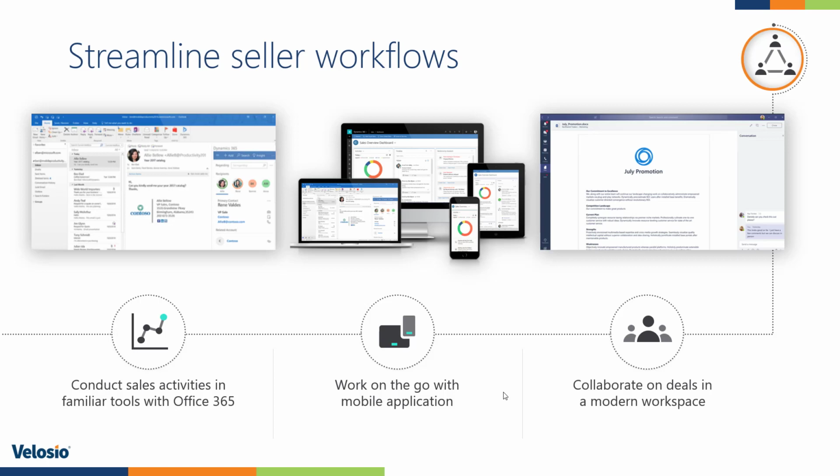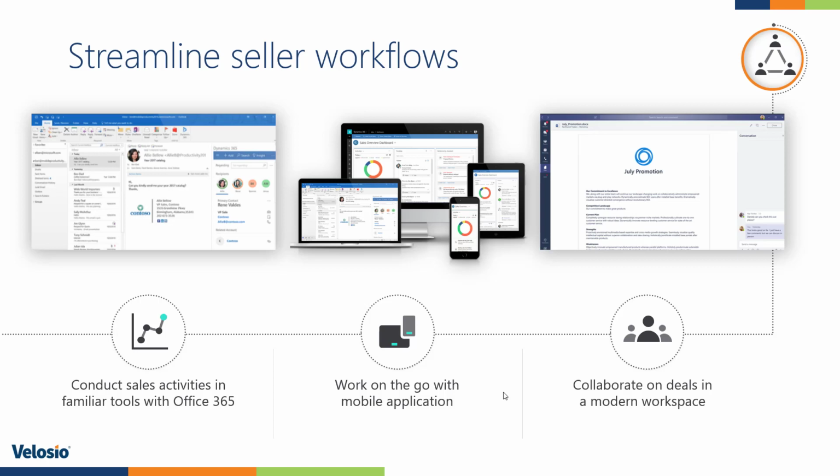Number two, as we mentioned earlier, today's sellers work on the go. Modern sales tools need to support this contemporary mode of work. Dynamics 365 enables sellers to work anytime, anywhere with the mobile application across web, smartphone, and tablet. And sellers stay productive with mobile-optimized capabilities like voice-enabled commands, contextual news, and task flows that make it quick to conduct sales activities while on the road.